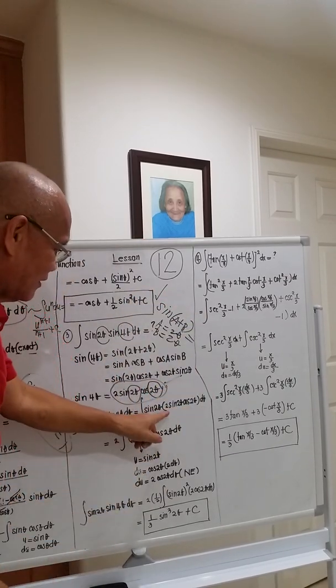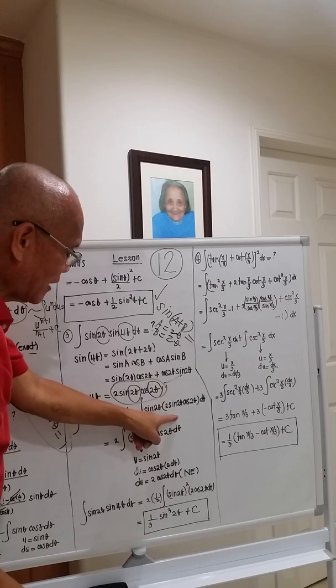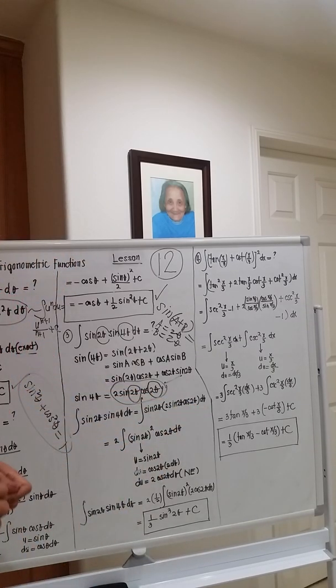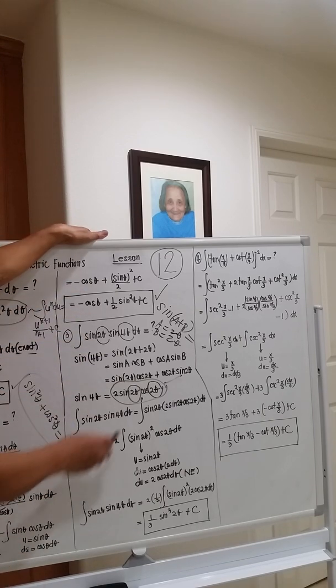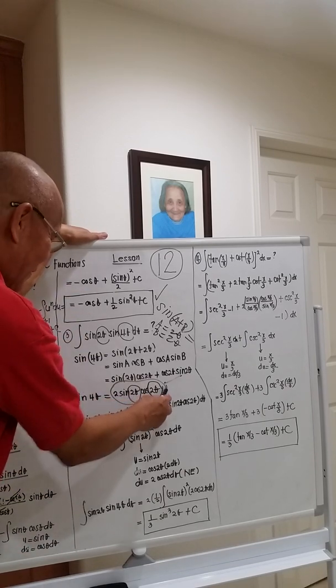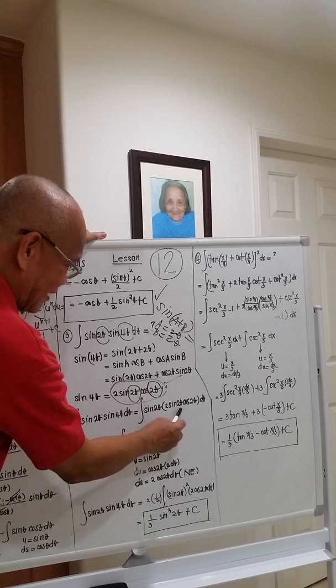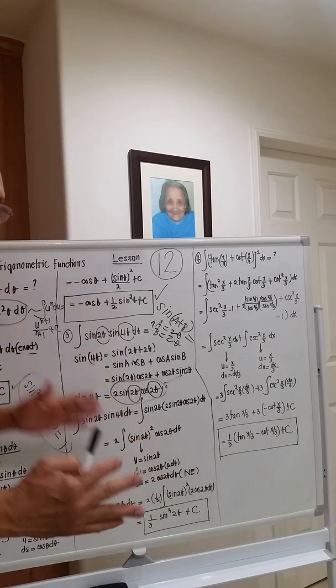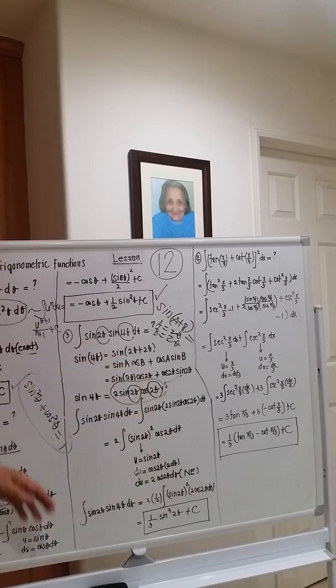It is 2 sine of 2 theta, cosine of 2 theta, differential theta. The angles are now similar, twice theta, twice theta. So they are now similar, and actually we can now proceed with the integration.